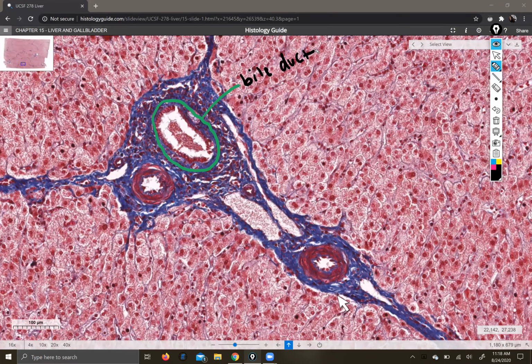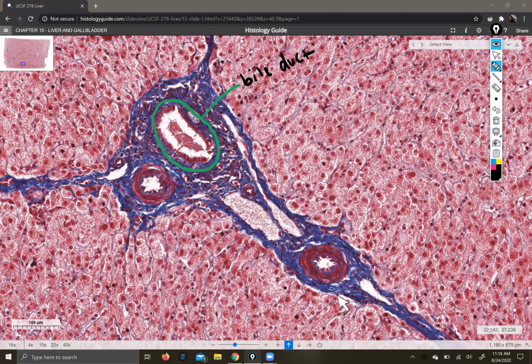And if you really, really look, you'll see that it's cuboidal. I know that it's not the most straightforward, simple cuboidal epithelium you've ever seen. But you guys are almost to the end of 242 and you're epithelial tissue experts by now. So if you look closely, you're going to see two things. One, the cells are cuboidal.